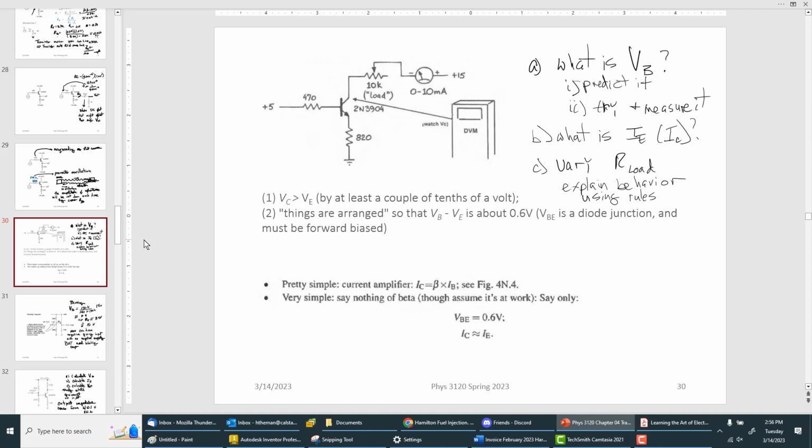I'll show them to you. And he wants you to explain what you see by quoting rule number 1 and rule number 2. And then, of course, IC equals IE or IC equals beta IB.